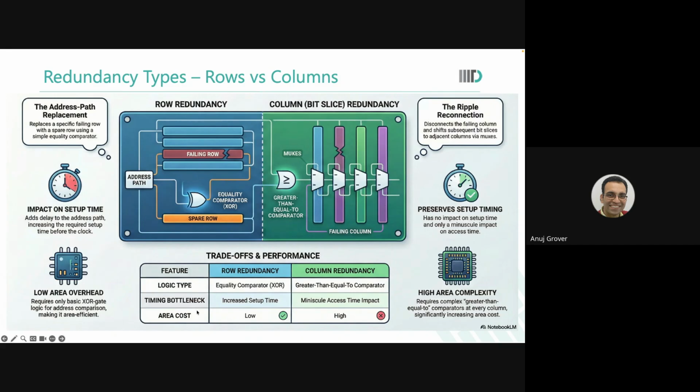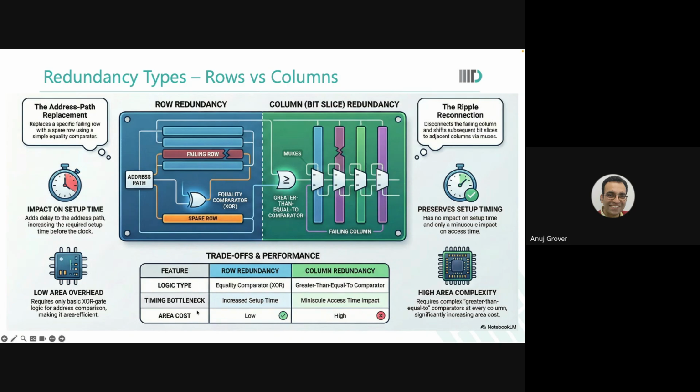Now for memories, we talked about two kinds of repair mechanisms. We said that because of the structure of a memory cell and the much denser rules inside the memory cell, the susceptibility of failure in the memory array region is much higher than the failure in the periphery region or elsewhere. Are you with me?